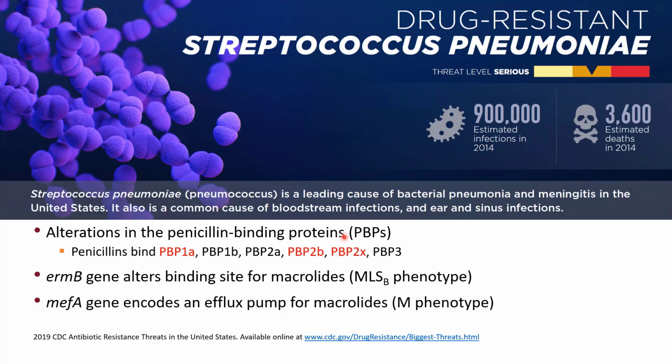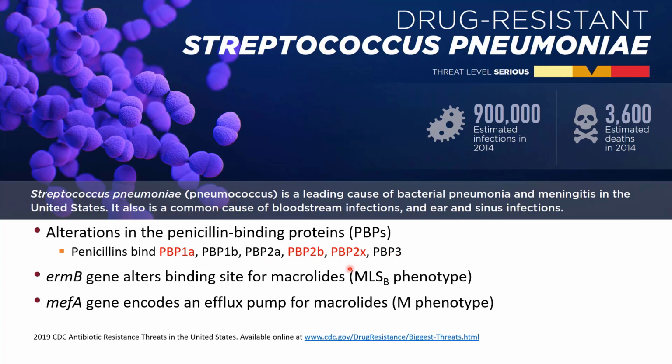Now, note that it does not involve production of beta-lactamases. So beta-lactamase inhibitors are not going to overcome this resistance. So in particular, penicillins bind penicillin binding protein 1A, 1B, 2A, 2B, and 2X, as well as 3.